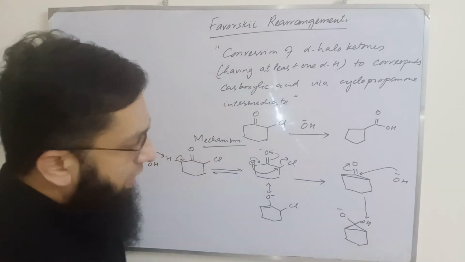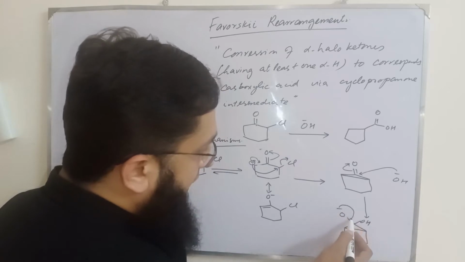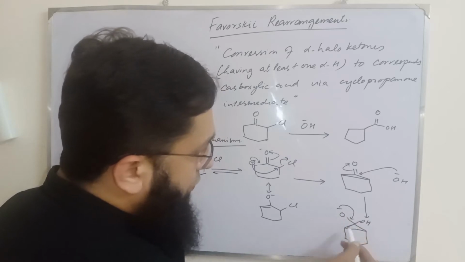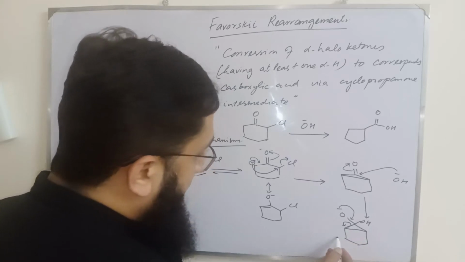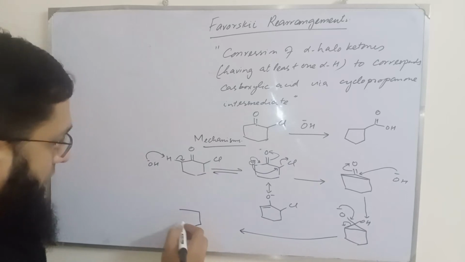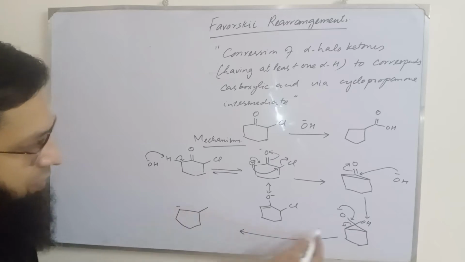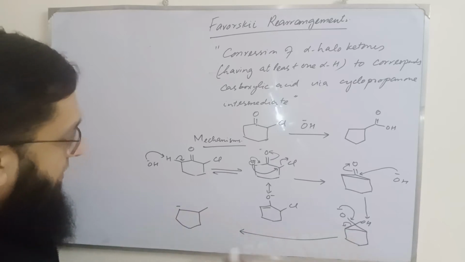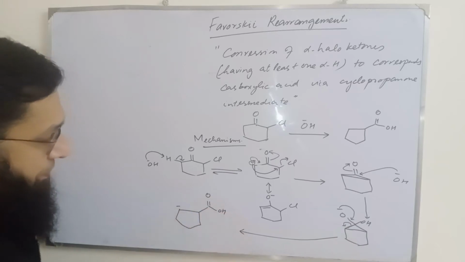Okay, and after that this negative charge would come back and one of these two bonds would break. So for example this bond would break and we will get carbonyl here because it would appear as negative charge and carboxylic acid here.